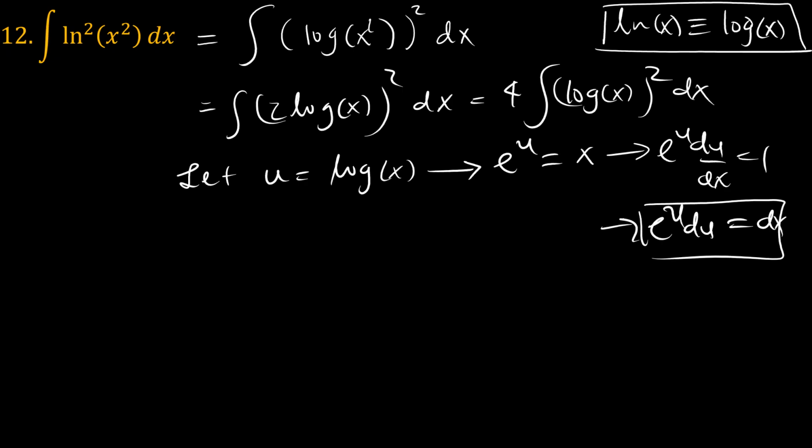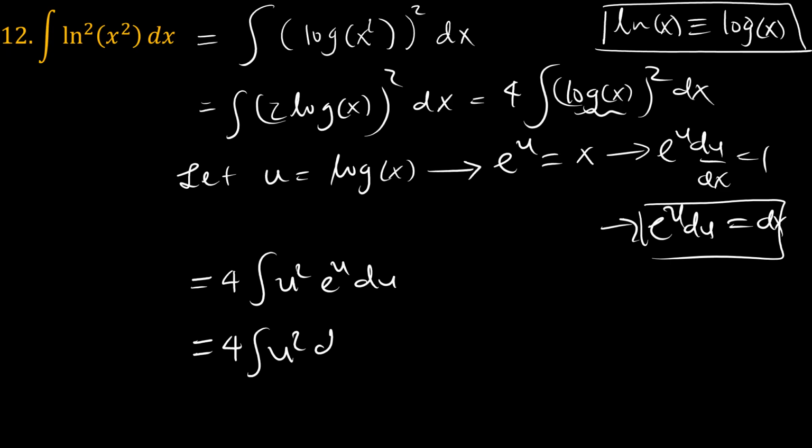What this means is that our problem now becomes 4 times u squared e to the u du in the u domain, where the derivative of e to the u is e to the u.